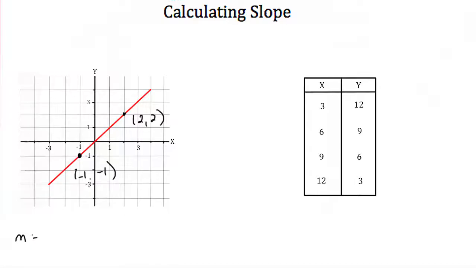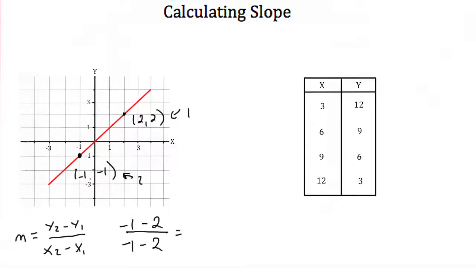So again, our formula is m is equal to y2 minus y1 over x2 minus x1. And I'm going to call this my second point and this my first point. So I'm going to start off with negative 1 minus 2 all over negative 1 minus 2. This is equal to negative 3 over negative 3. So the slope of this line is 1.